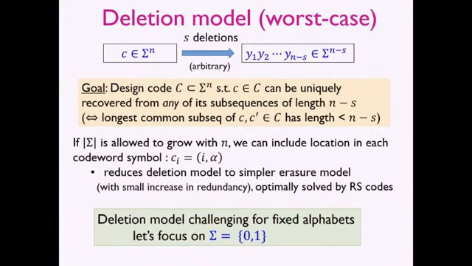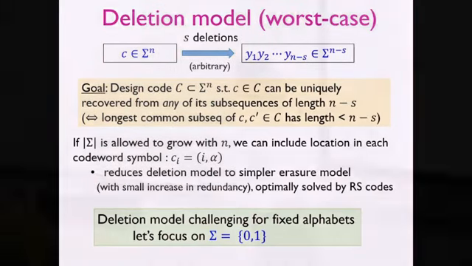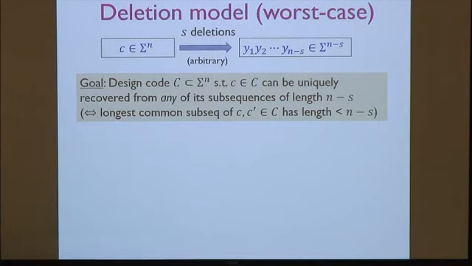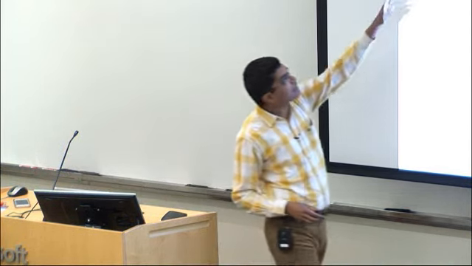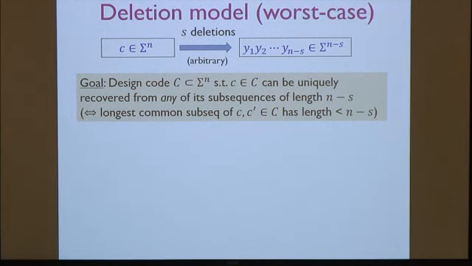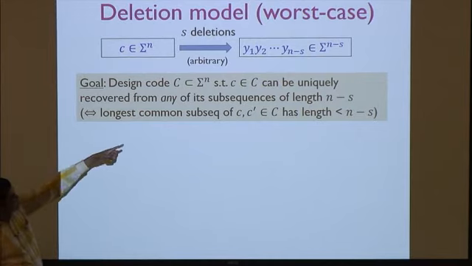Okay, so again, the goal is you want to design a careful code such that no matter what code word you send, you can uniquely recover it. And here I'm only talking about two things. I'm only going to talk about unique decoding, and I'm going to talk about worst case deletions. So the channel can delete any S symbols of its choice, and I want to get a unique answer. So I want a unique C which you can get from just its subsequence.